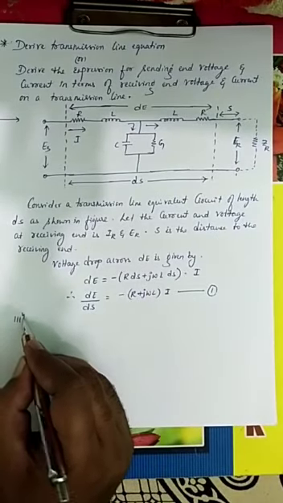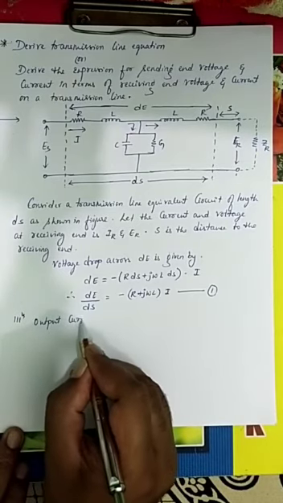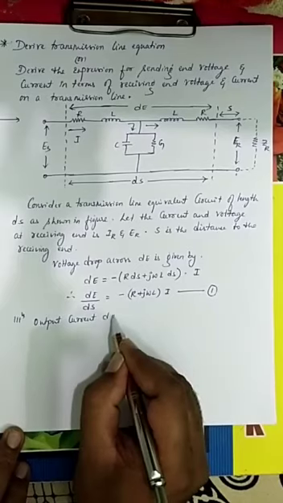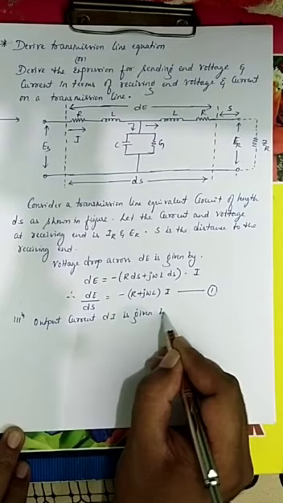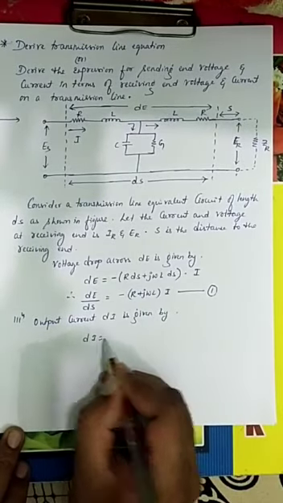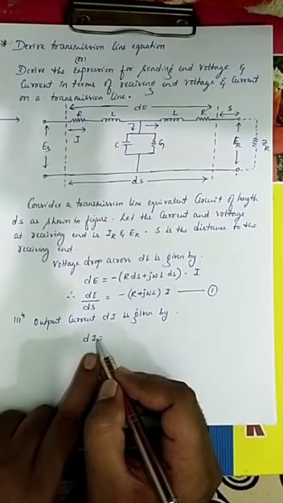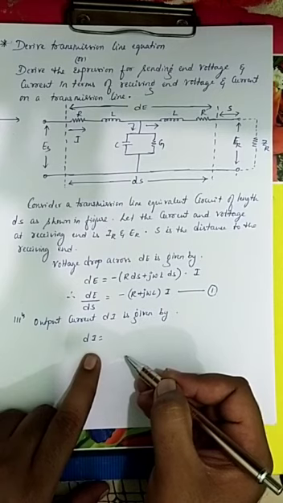Similarly, the output current dI is given by, as we know, I is equal to V by R, and 1 over R is nothing but admittance.